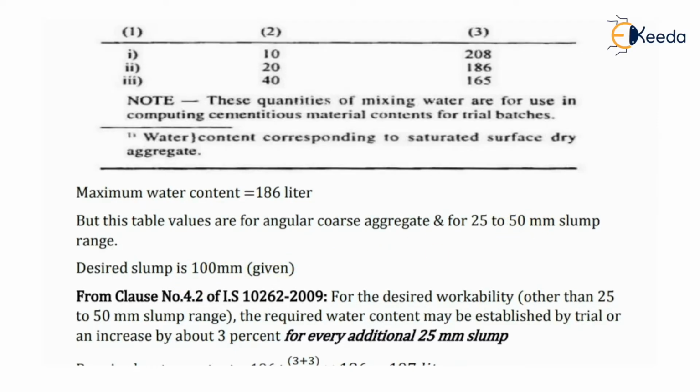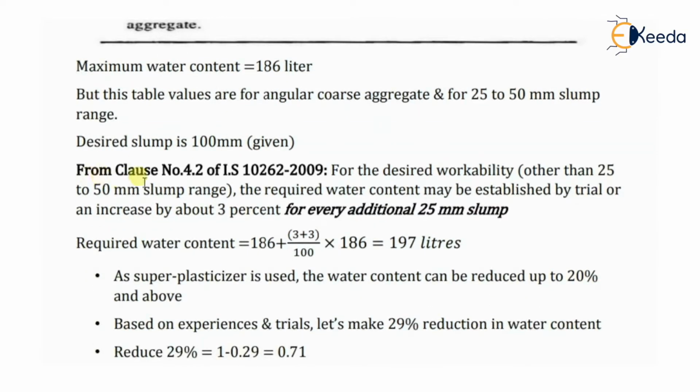So what we have to do, from clause number 4.2 of IS 10262/2009, there is one statement: for desired workability other than 25 to 50 mm slump range, the required water content may be established by trial or an increase by 3% for every additional 25 mm slump.